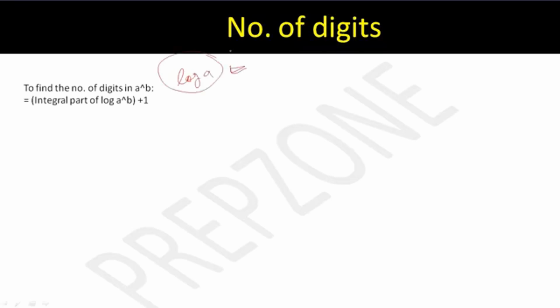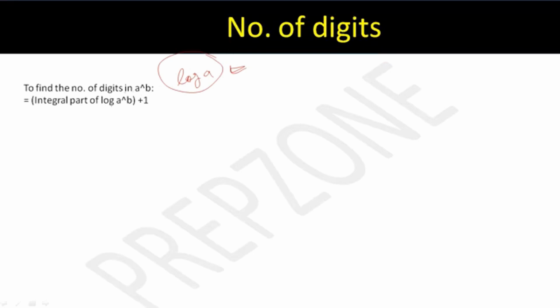Let's move ahead. So yeah, guys, only if, I'm repeating my statement, only if in the exam the value of log a is given to you, then apply this formula.